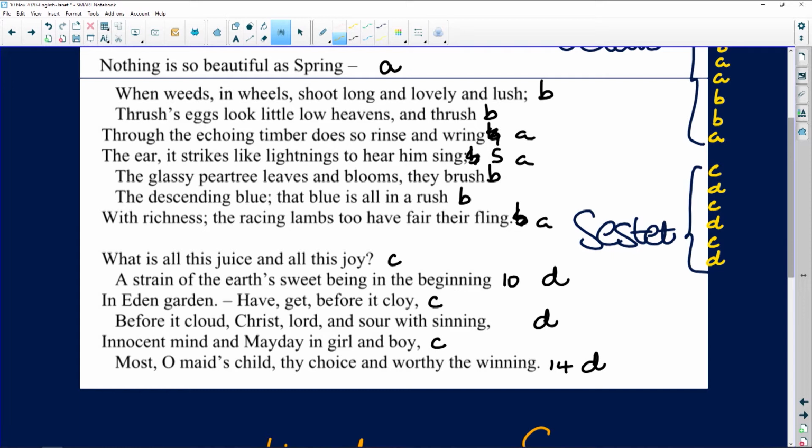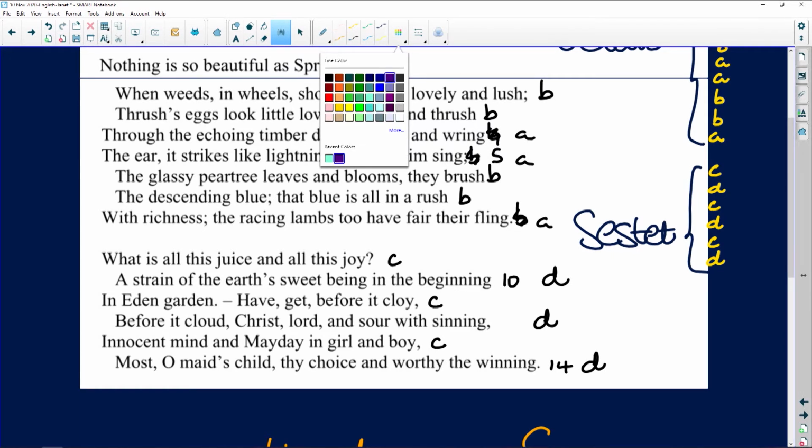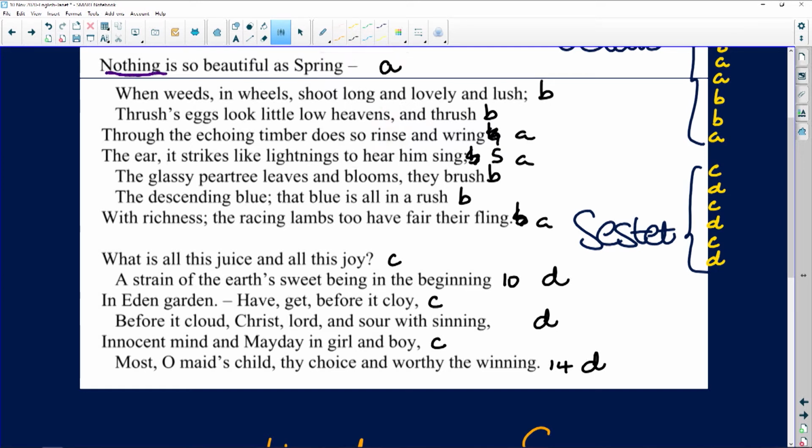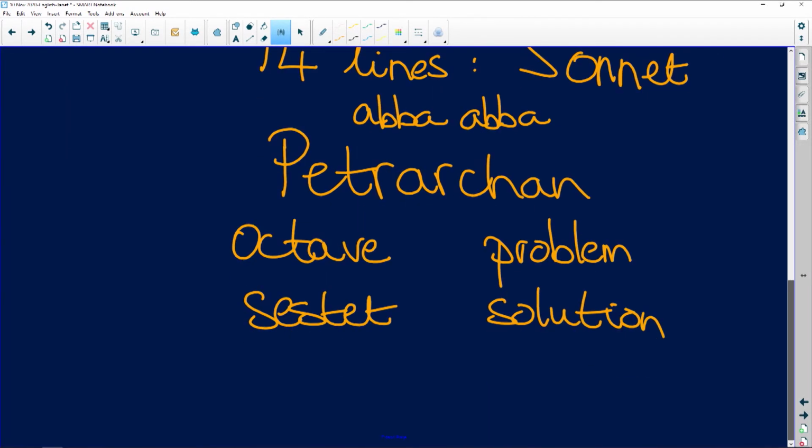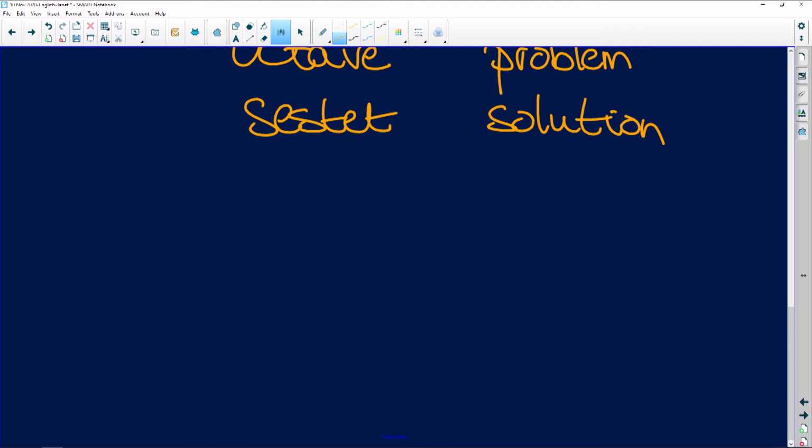So what is the octave about? Very simple. Nothing is so beautiful as spring. And then everything in that octave is telling us how beautiful spring is.